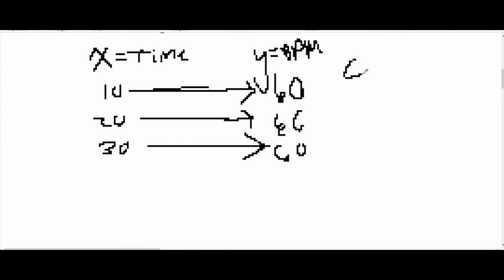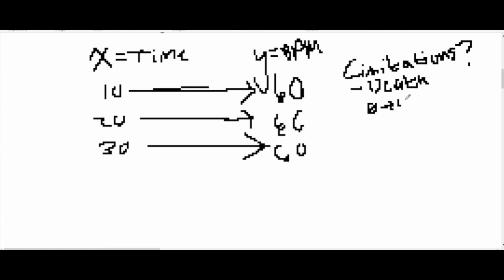So what are some limitations here? I'm trying to write, I can't spell for my life. Okay, what are some limitations here? Death. That's a very big limitation. If your heart rate goes from 0 to 100 in 20 minutes, first of all, your heart should never be at 0.